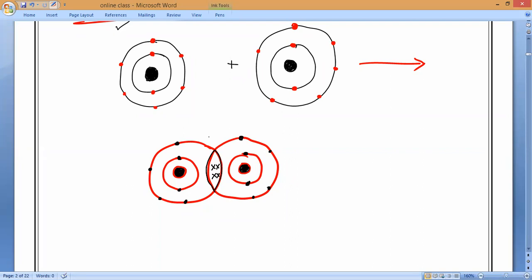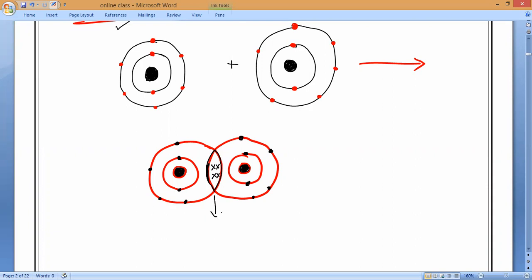Of course, these 2 shared electrons belong to the other oxygen too, but it will feel that it has 8 electrons. And this oxygen also feels it has 8 electrons in its valence shell. So both are satisfied by sharing 2 each.